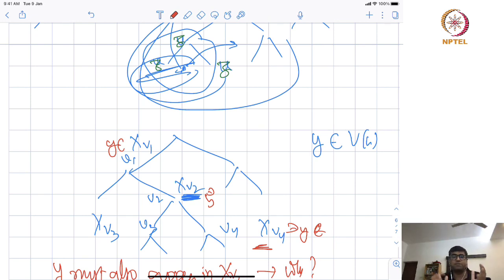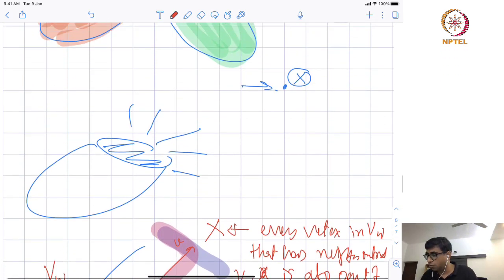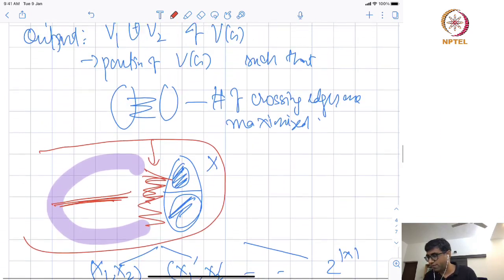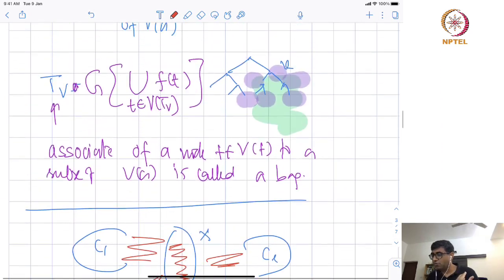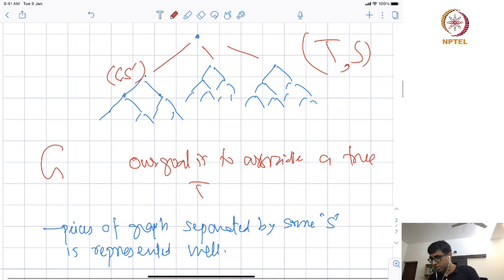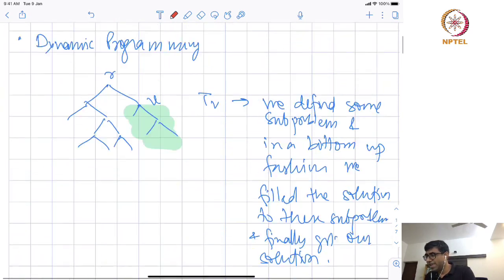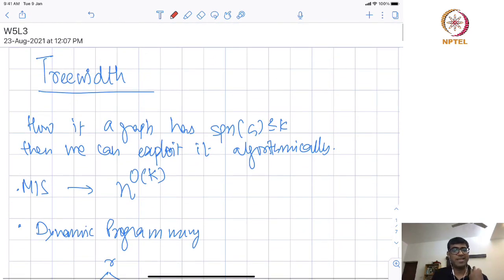So there are a few specific properties that we need to maintain, and to do all these things, people came up with this notion of tree width, which I'm going to define now. So up until now, whatever I tried to give you is the set of properties that we should expect from the tree decomposition or the decomposition which we are going to define now.